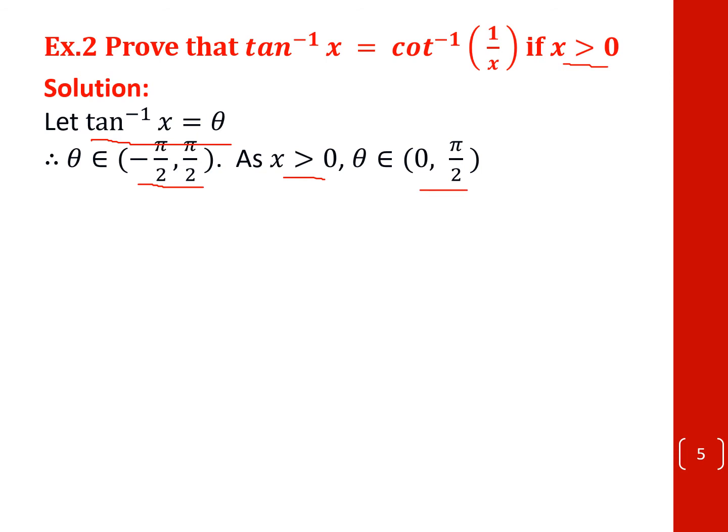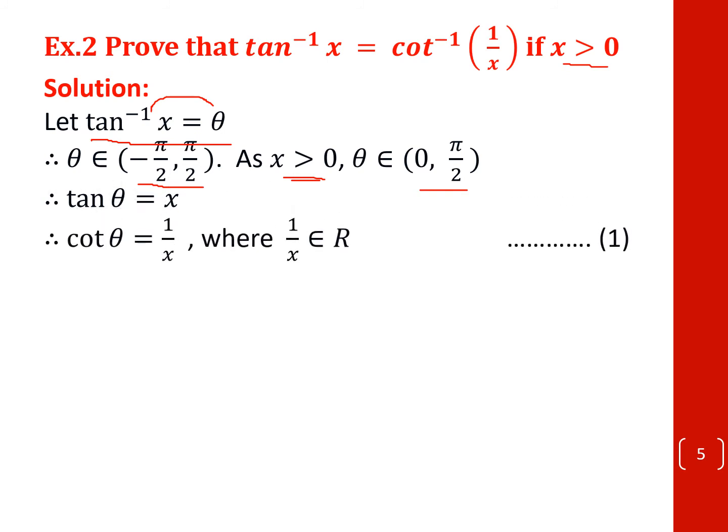See, x is positive, so we will take interval from 0 to π/2 only. Now tan θ = x. Taking reciprocal of both sides, cot θ = 1/x, where 1/x belongs to real numbers. Call it equation 1.